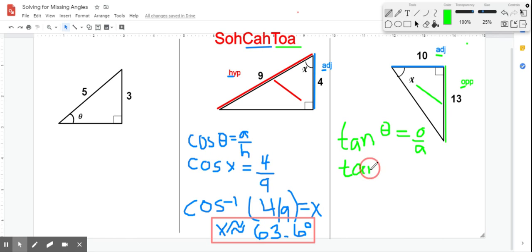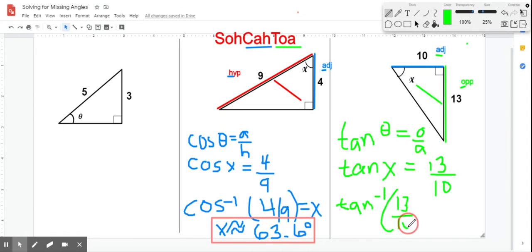Tangent of x, that's our angle, is going to be opposite, which in this problem is 13, over adjacent, which is 10. So remember, I'm going to use the inverse of tan. It's like tan to the -1 of 13 over 10. It's going to give me the approximate value of that angle. Okay, so it's going to give me the x.